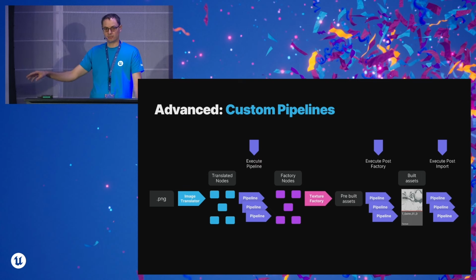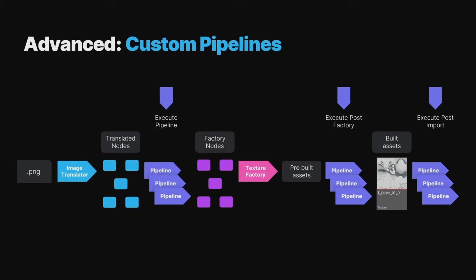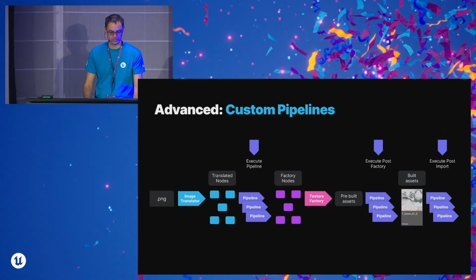You can write a pipeline from scratch that does every single thing you need, basically reading the translated node, creating all the factories, etc. But the way we are going to work most of the time is we are going to leverage what the default pipelines give you. Basically, the asset import is going to create all the factories for static mesh, textures, materials, and our custom pipeline is just going to tweak the little things we need that are already there.